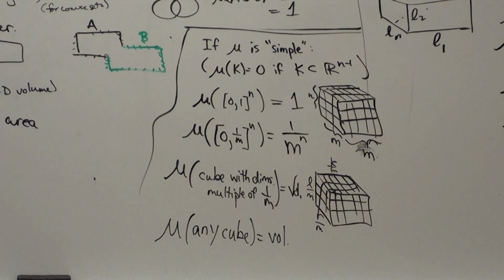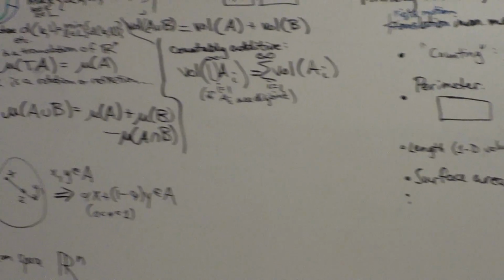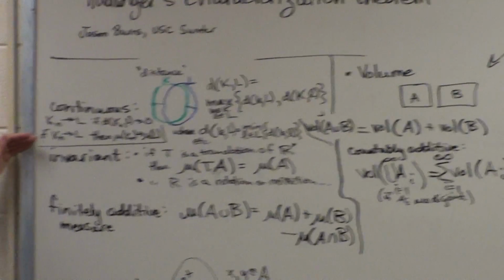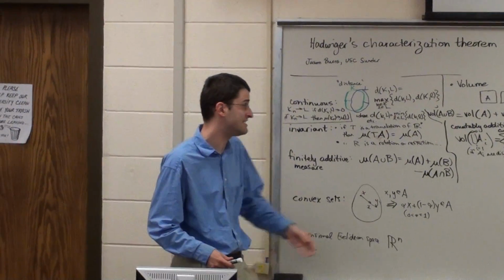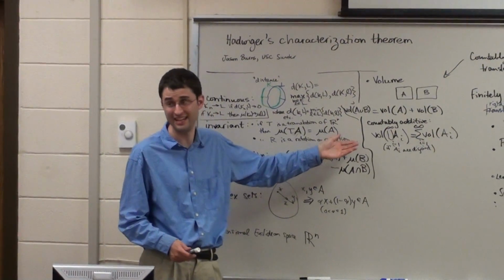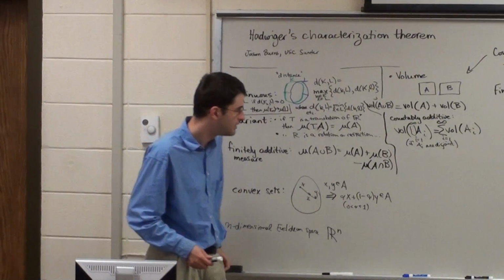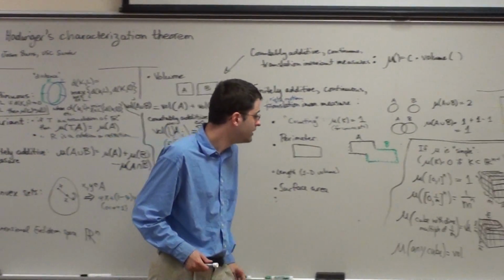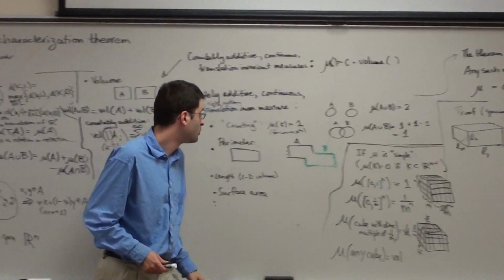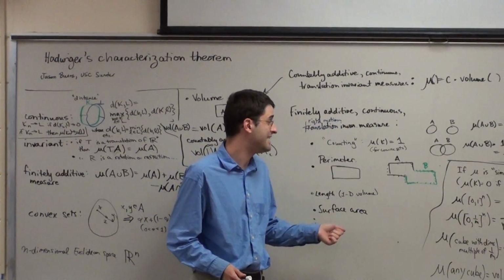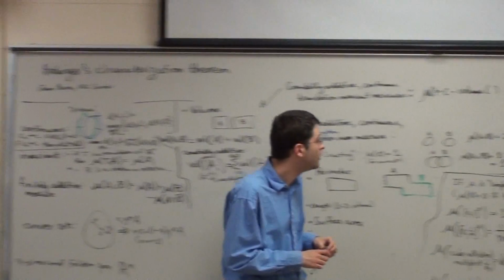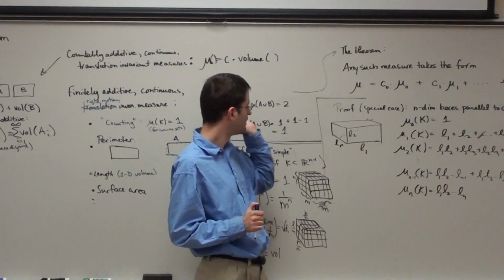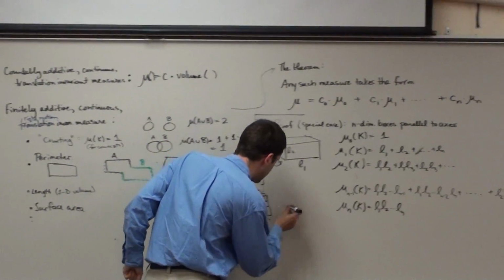You're going to have to use that continuity a little more carefully as kind of a crutch to substitute for the fact that you can't just cut things into equal pieces and take the limit. But it does in fact work out still for convex sets that a simple measure has to be the volume. And now, once you have that, you can proceed by induction.